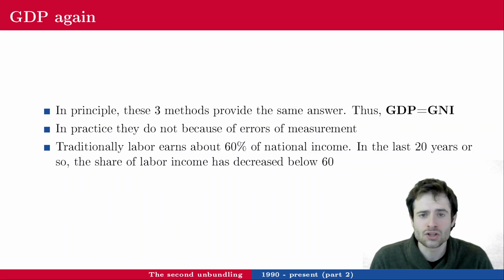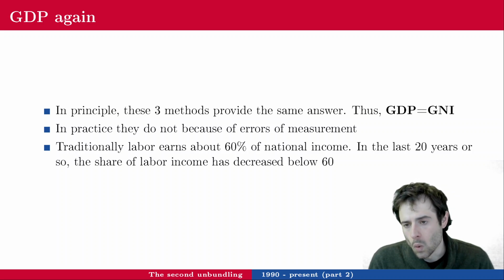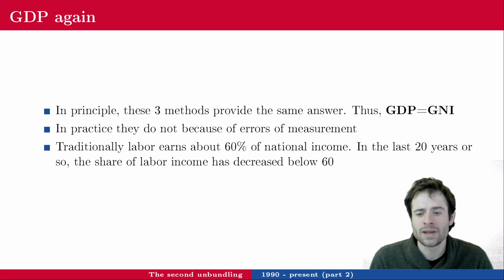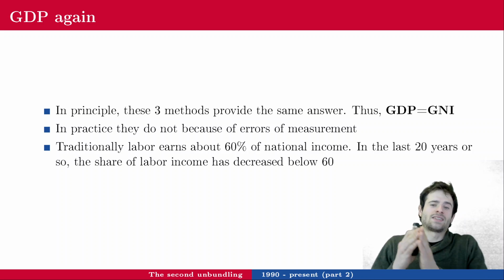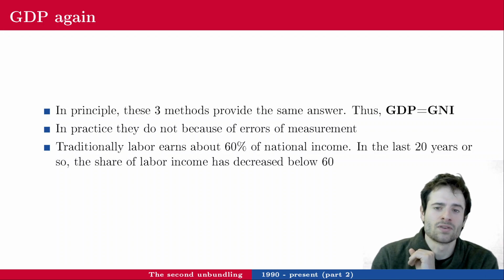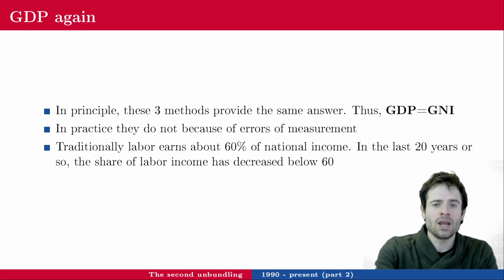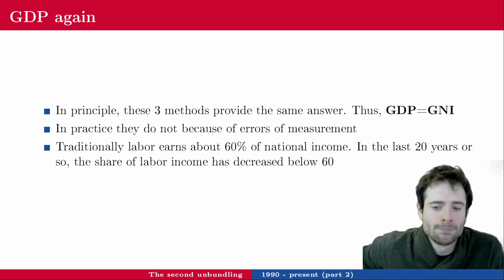That's fairly constant, has been constant over the years, and it's constant across countries. Over the last 20 years, it has decreased a bit below 60%, and the share of profits has increased a bit over time. It used to be in the 20% range, and now it's closer to 30.